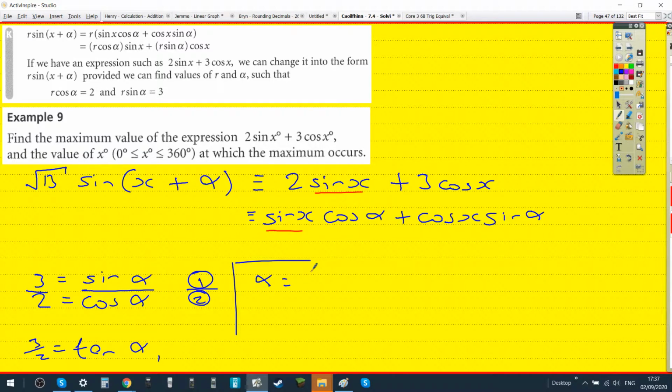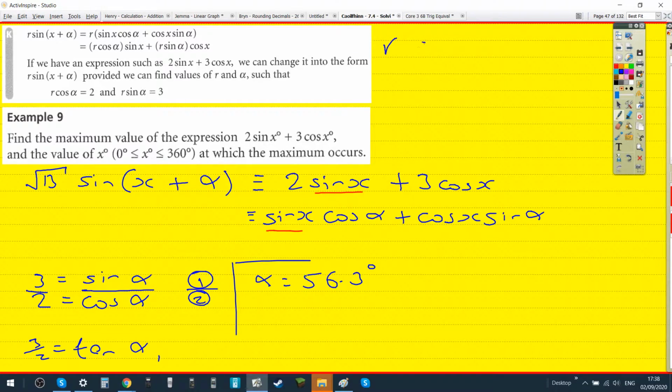Do it. Does this have to be in degrees or radians? I think it's degrees. Okay, I got 56.3 degrees.